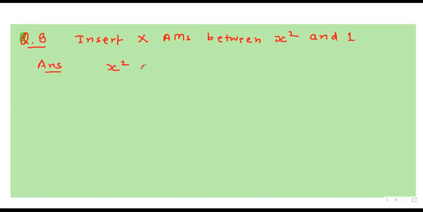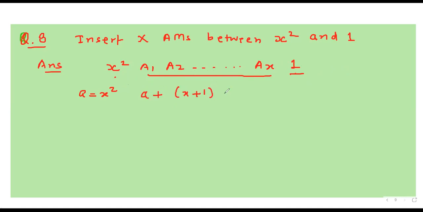So x squared, then arithmetic means A1, then A2, till Ax, and then 1. So the number of terms will be x terms here, and 1 and x squared, so x + 2 terms. So here a = x squared, and x + 2 terms are there. So a + (x + 1)d must be equal to 1.